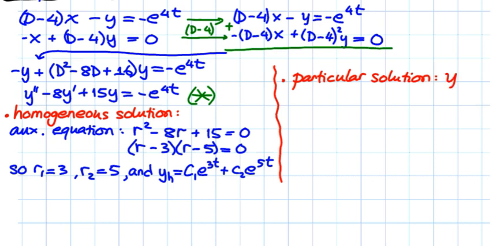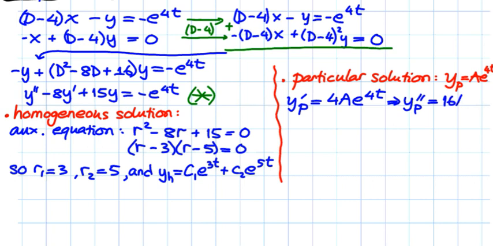We can guess the solution is going to be equal to a times e to the 4t, and then we can take the derivative, which is 4a e to the 4t, and the second derivative, 16a e to the 4t. Substitute all of that into the equation.